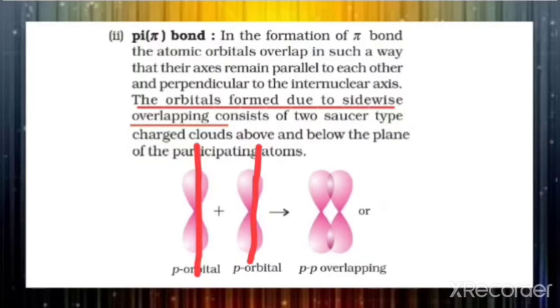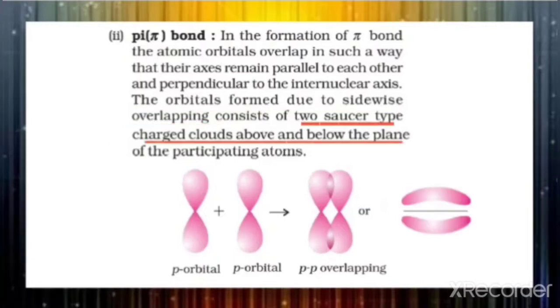Since they are parallel, head-to-head overlapping is not possible, so the orbitals overlap sidewise, resulting in a pi bond. Because of this type of overlapping, two saucer-type charged clouds exist above and below the plane of the participating atoms, as shown in this diagram. In simple words, sidewise overlapping of atomic orbitals results in the formation of a pi bond.